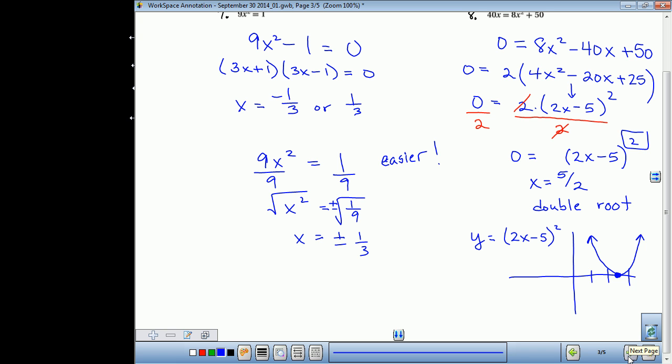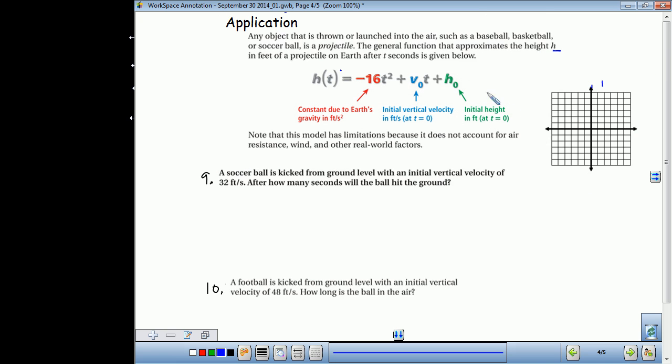Okay. One last thing we're going to go over before you have the rest of class to work, and it's an application. How would we apply some of these things that we've been looking at? I have talked about these quadratic equations dealing with gravity before, but your book does a great job explaining what everything means. It says, any object that is thrown or launched into the air, such as a baseball, basketball, soccer ball, cannon, any projectile that is launched, will follow this formula.